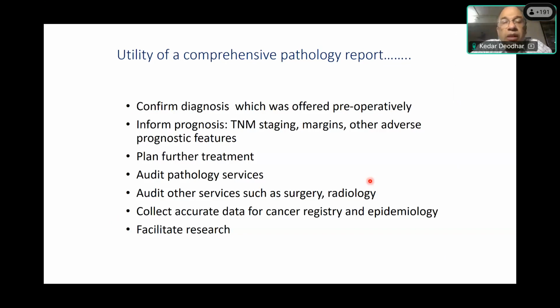By that we mean tumor, node, and metastasis. In the given specimen, maybe an APR, stomach, mandibulectomy or mastectomy, the metastasectomy may not be with us, but we have to be as accurate as possible regarding T stage and N stage in our cancer pathology report. Also the margins and other adverse prognostic features.